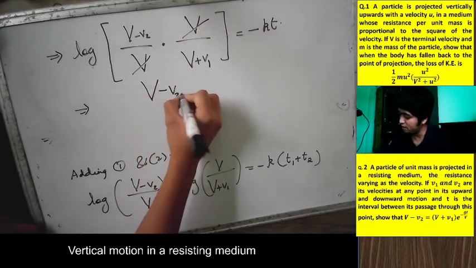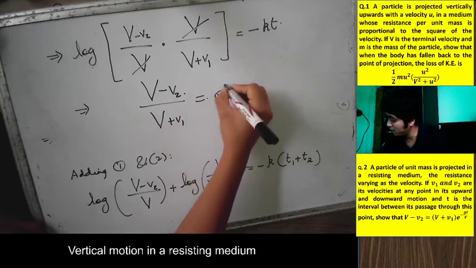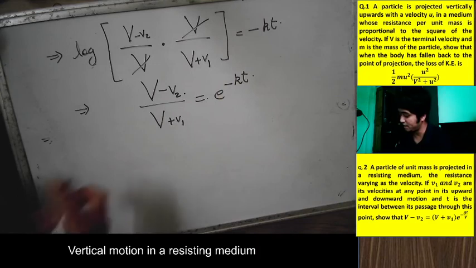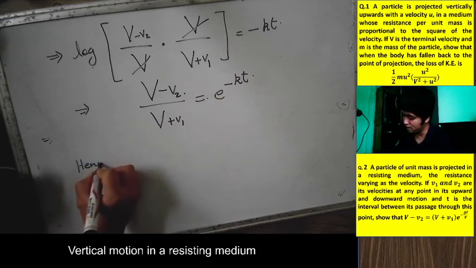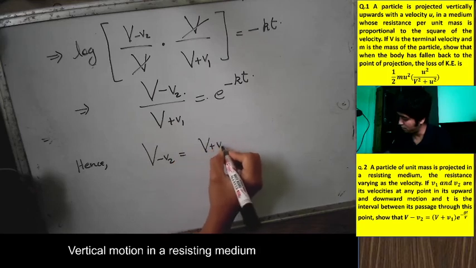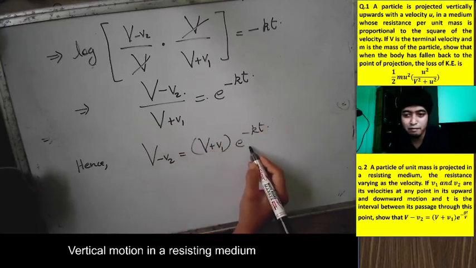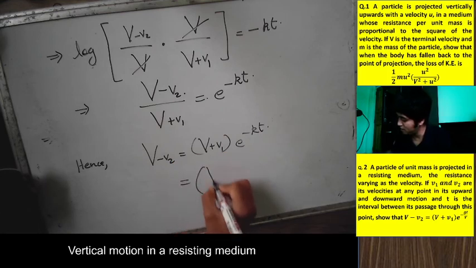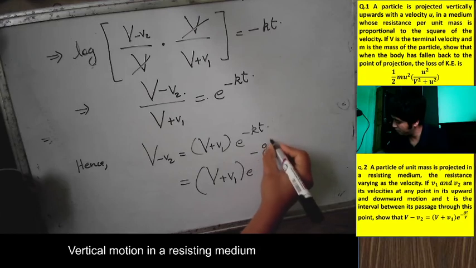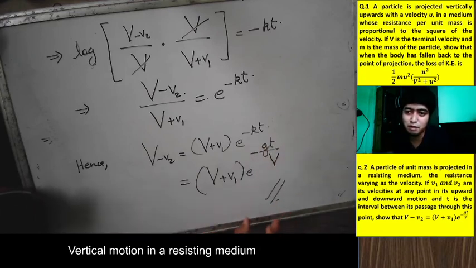Convert this into an exponential, e to the minus kT. So we are done. Hence (V minus v2) equals (V plus v1) e to the minus kT. And if you remember the value of k, it is g upon V. So this completes question number 2.